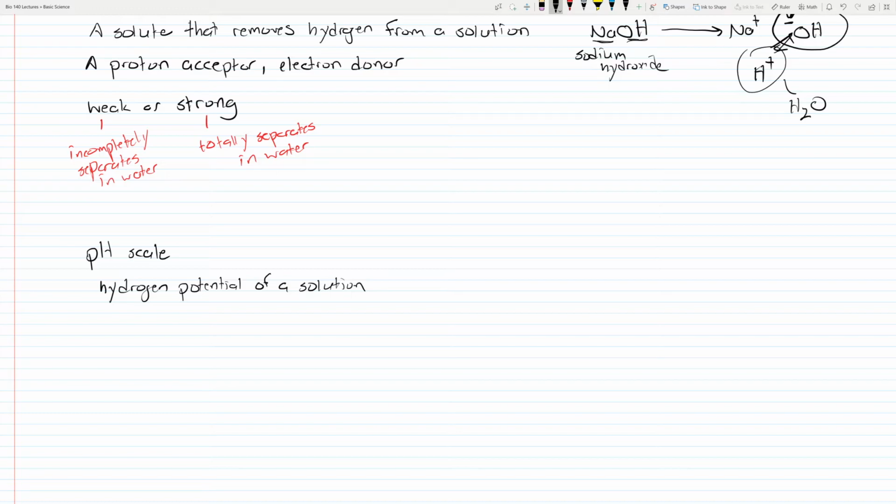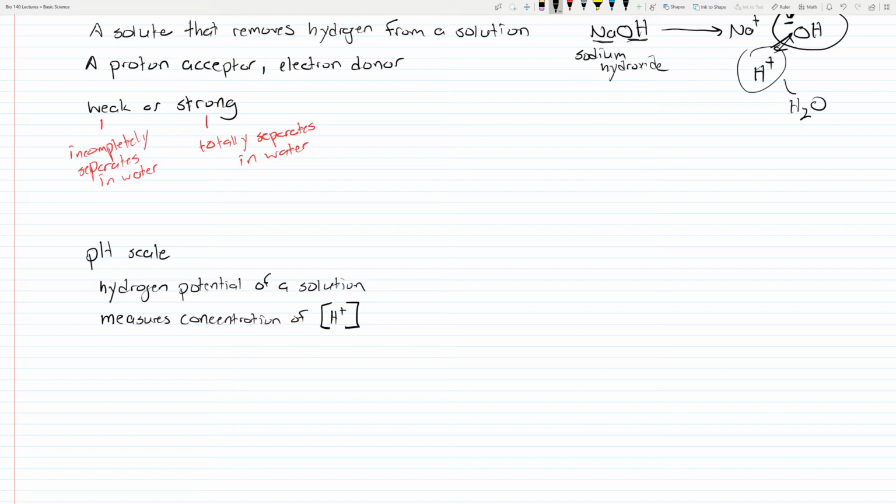It's a way to measure the concentration of hydrogen, H+. The way I write it, H+ is put in brackets.